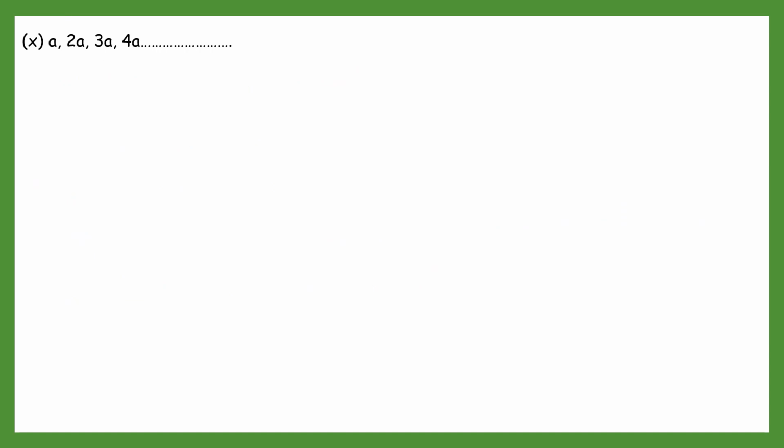Next question. The first term A1 is A, the second term A2 is 2A, the third term A3 is 3A, the fourth term A4 is 4A. Let's check whether this list is in arithmetic progression or not. So find the difference between consecutive terms. A2 minus A1.